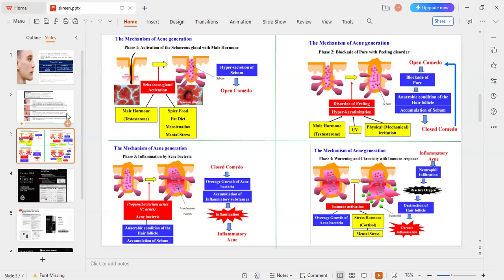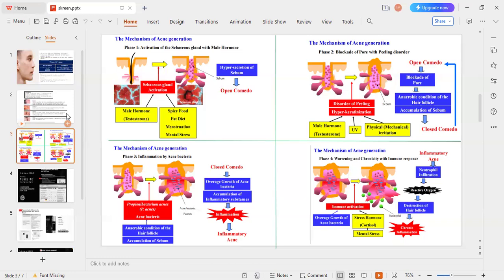Then let's see another phase of acne generation, which is the inflammation by the acne bacteria. We have already discussed that when there is an anaerobic condition for hair follicles, when there is lack of oxygen for the hair follicles present on the skin surface, there will be accumulation of sebum and some acne bacteria coming.